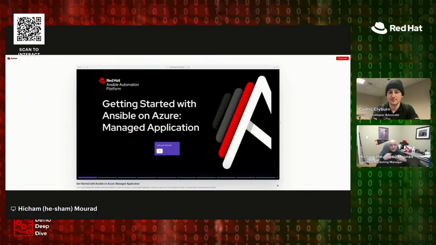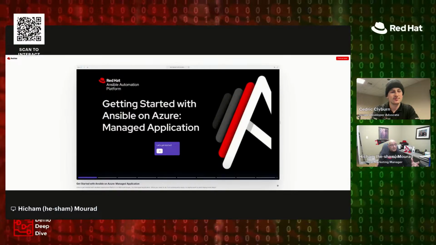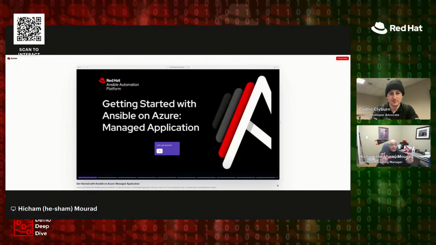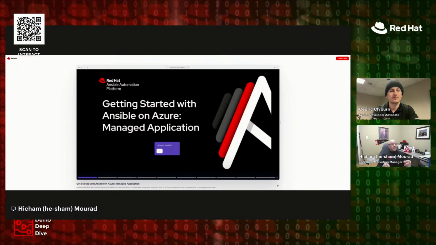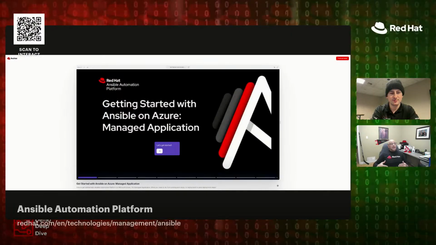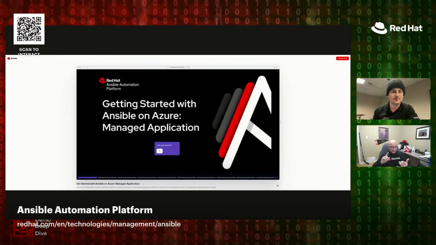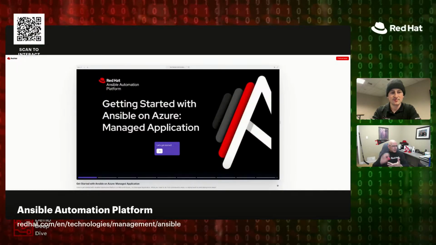And so I thought what would be a great thing to discuss is how do we get started with Ansible on Azure, specifically the managed application? And again, customers essentially leverage Ansible Automation Platform. They never have to worry about patching it, upgrading it, maintaining it.